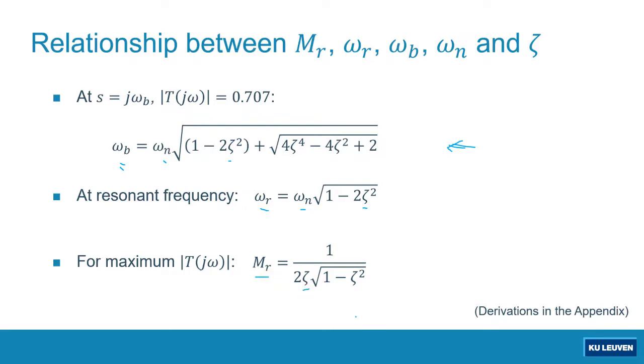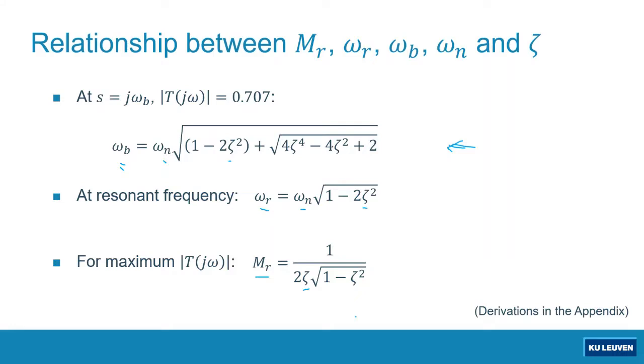So this is pretty similar to the features of the unit step response, where we have TS, TR, TP, and percent overshoot. In that case, TS, TR, and TP are characterized by zeta and omega n, while percent overshoot is only characterized by zeta.